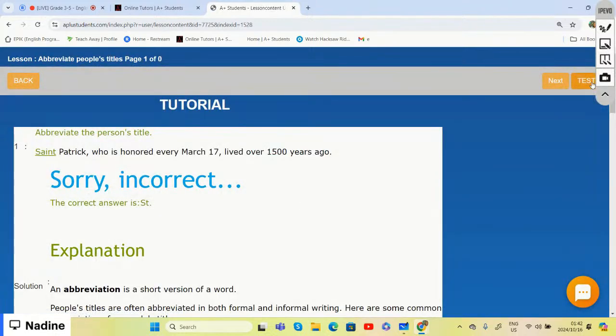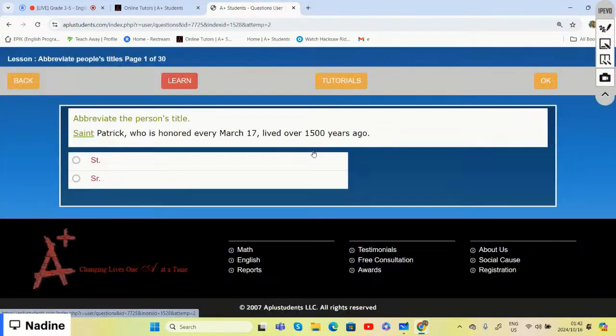All right, so now we're going to our test where we are going to abbreviate the person's title. It's a title of a name. For example, here it says Saint Patrick, who is honored every March 17, lived over 1,500 years ago.